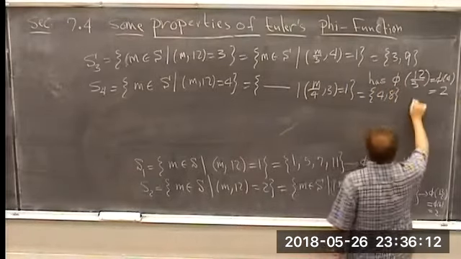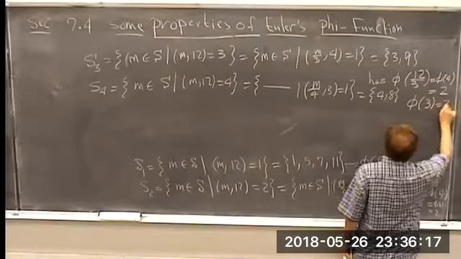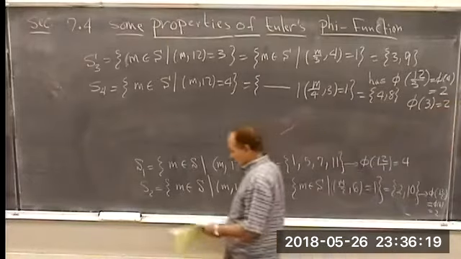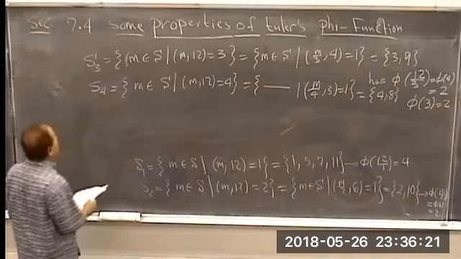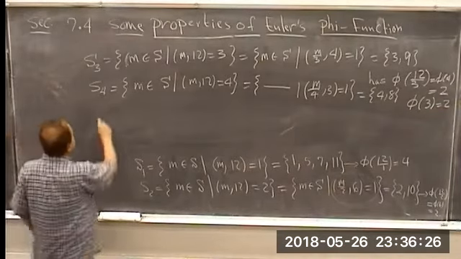And again, this has phi of 12 over 4 elements. Then the other divisor of 12 is 6.